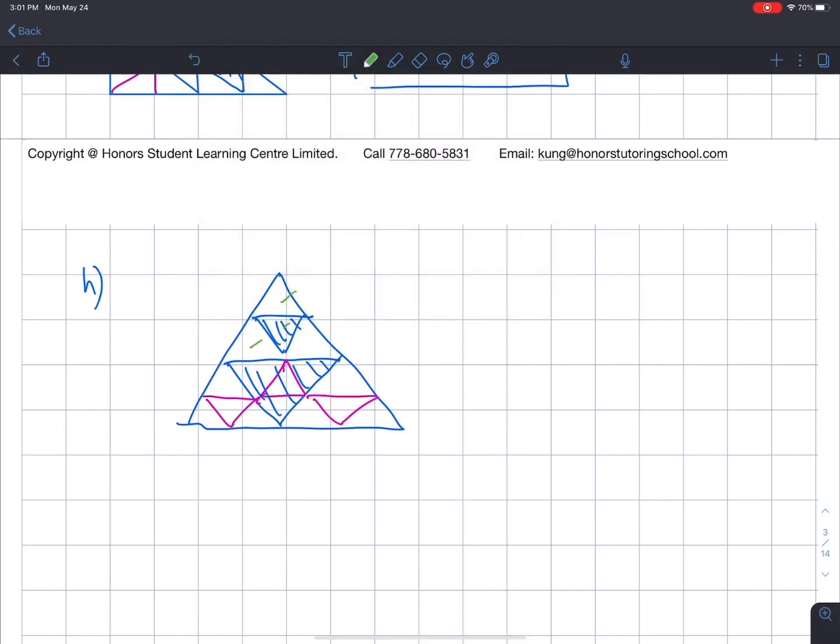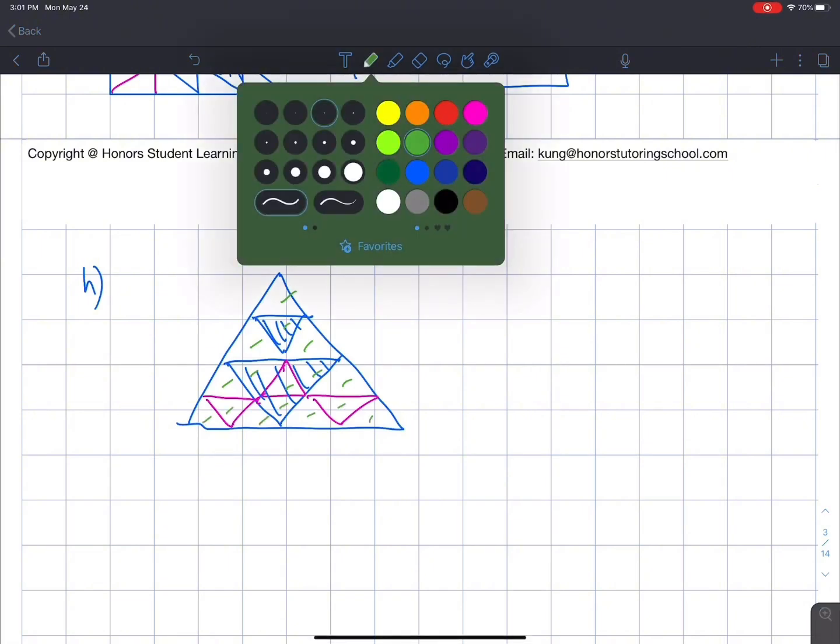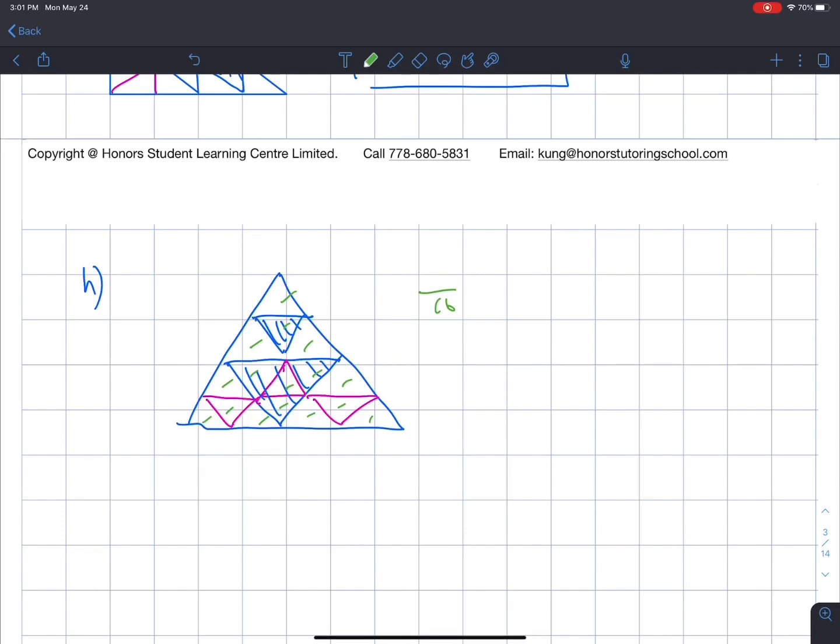So 1, 2, 3, 4, 5, 6, 7, 8, 9, 10, 11, 12, 13, 14, 15, 16. That's all of 16. And we see that 1, 2, 3, 4, 5 of them are being shaded.